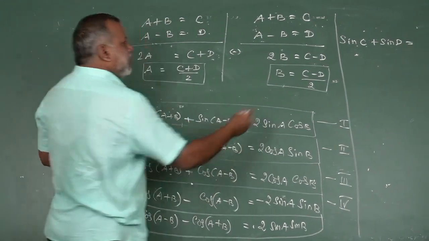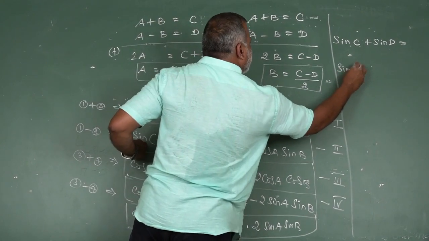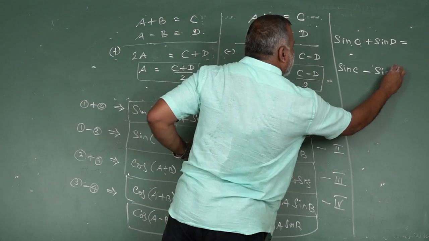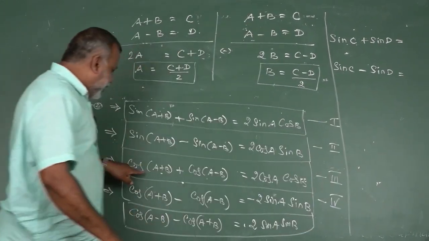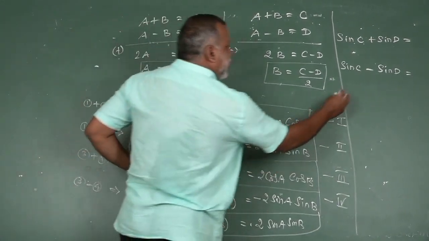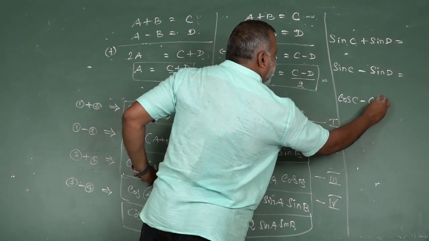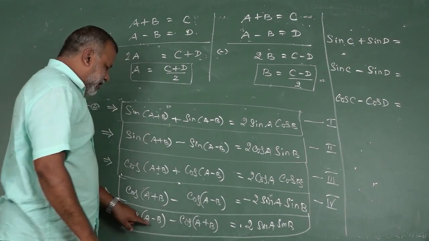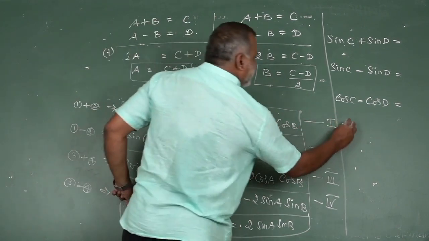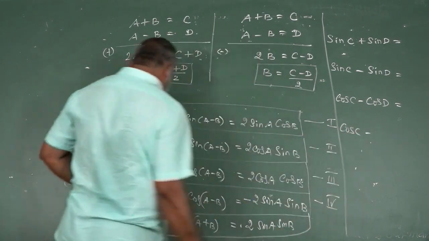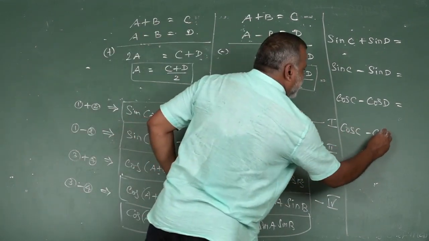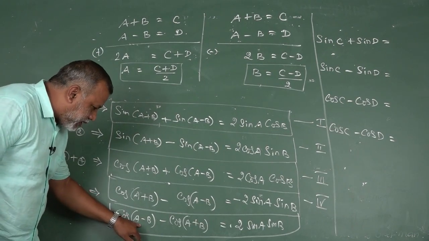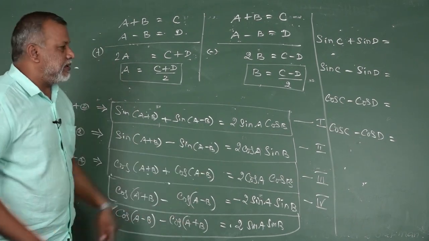Here in the same way, sin C minus sin D, and then cos C plus cos D, and cos C minus cos D. You can substitute cos D first or cos C second, whatever you like.